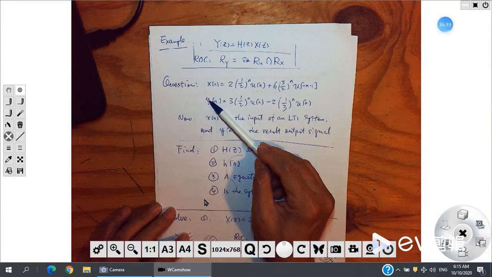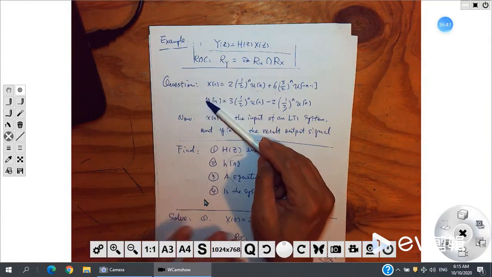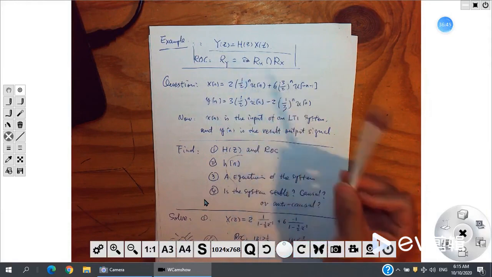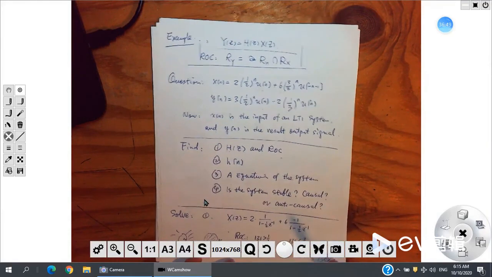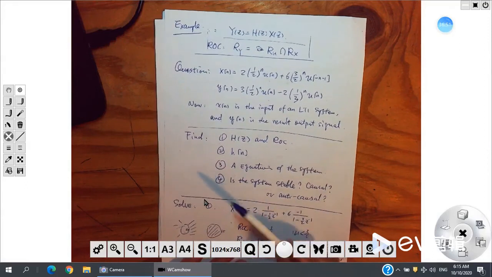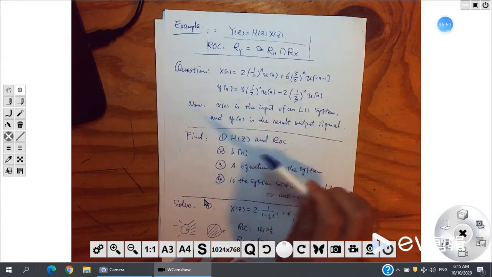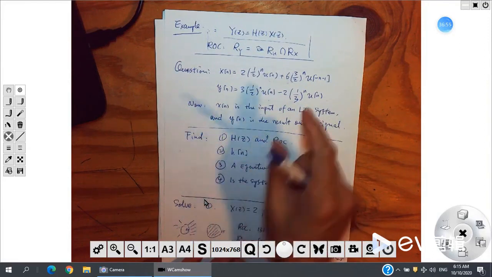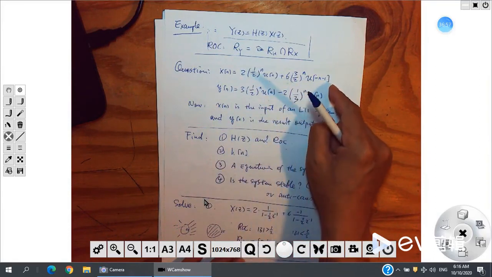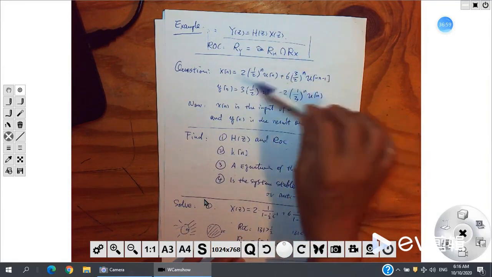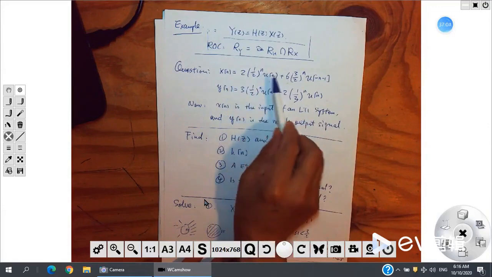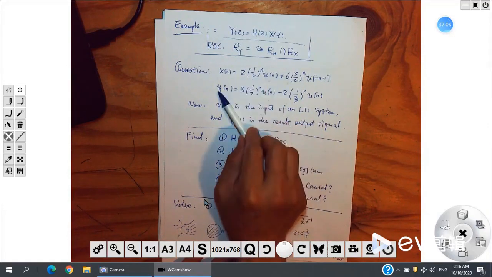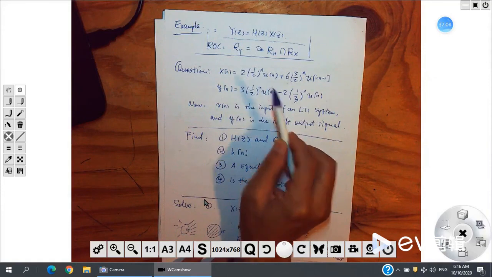In some cases, you cannot have a Fourier transform. To find the Fourier transform, you need some requirement. The same problem can be solved by the Fourier transform, but you need more restriction. You have to make sure the signals have a Fourier transform.